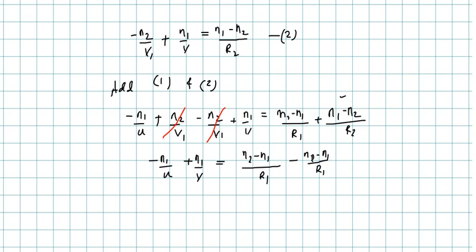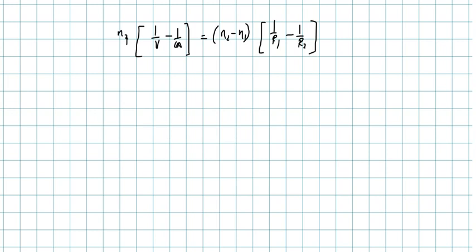So, I can take n2 minus n1 common out. So this becomes 1 by r1 minus 1 by r2, right. Next I will take n1 common out: 1 by v minus 1 by u equal to n2 minus n1 into 1 by r1 minus 1 by r2.